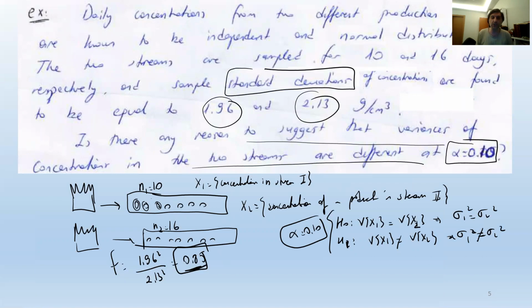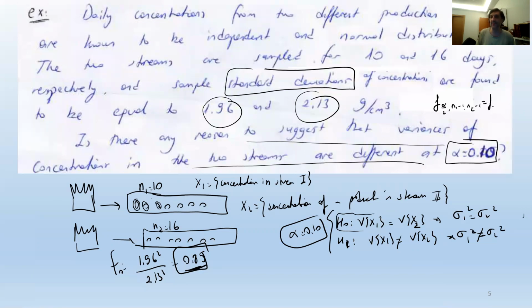So we are going to check whether this F0 value is between certain limits or not. If it is within the limits that we are going to find, then the null hypothesis would not be rejected. Otherwise, we would reject the null hypothesis and say that variances are not equal to each other. So what are the limits that we should consider? Since this is a two-sided test, we are interested in F alpha over 2 with n1 minus 1 and n2 minus 1 degrees of freedom.